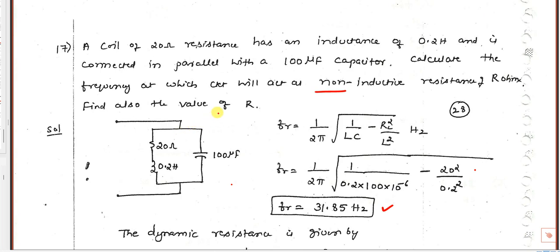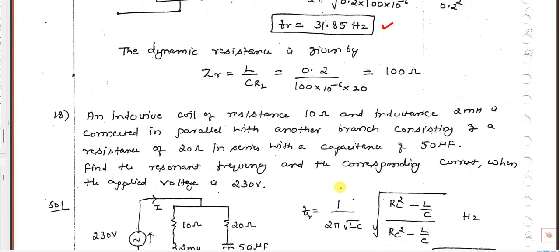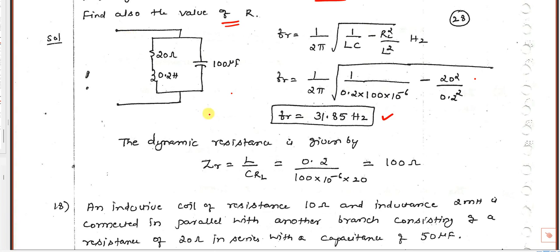And also you have to find the pure resistance value. That means you have to calculate the dynamic impedance. We also derived that the dynamic impedance of this circuit is given by L by CR. L is 0.2, C is 100 micro, R is 20.